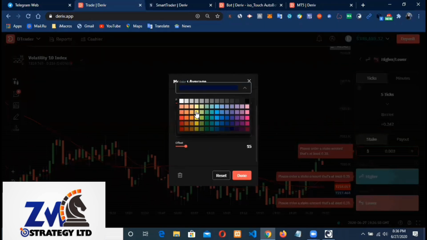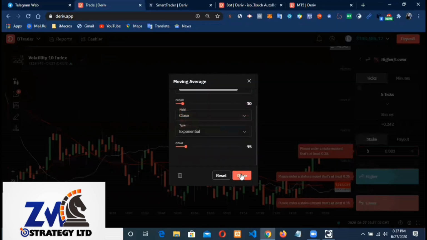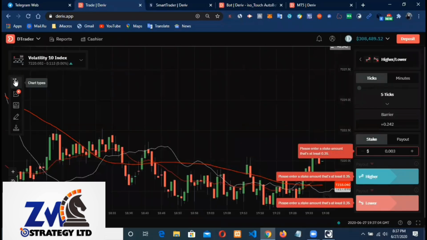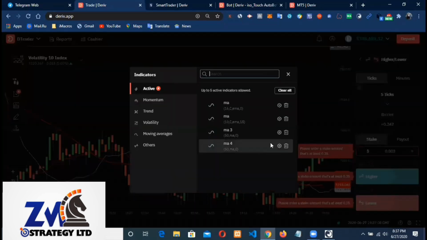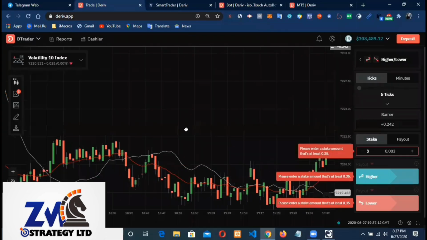Something like this. Now maybe we are using just these two. Let me remove the next ones. Maybe we are using just these two moving averages, 16 and 10.